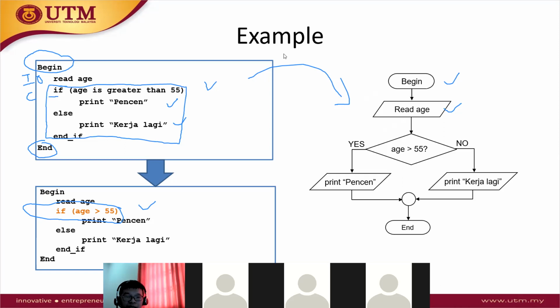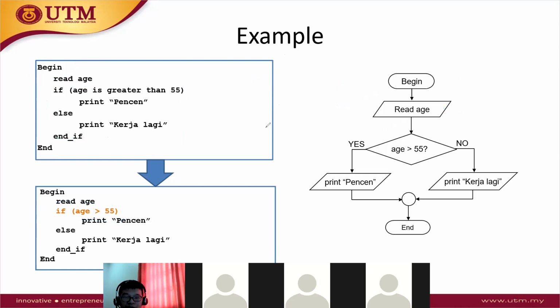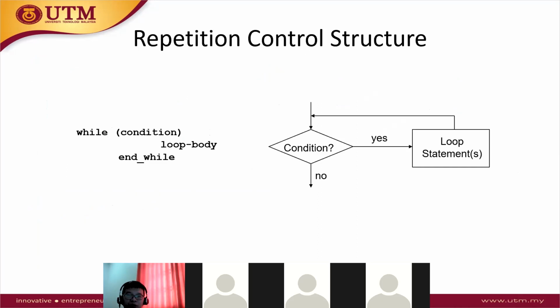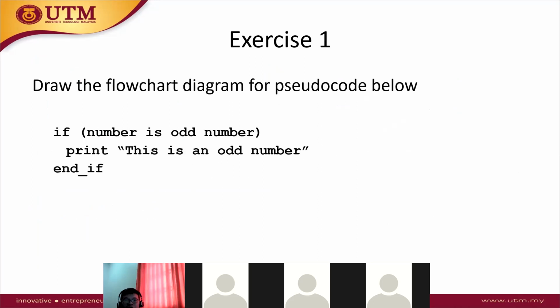Okay, let me see any example that you can try. Now we have two exercises for you. I give you 5 minutes to draw on your computer, then I will ask you to share screen your answer. I give you 5 minutes for the first exercise.